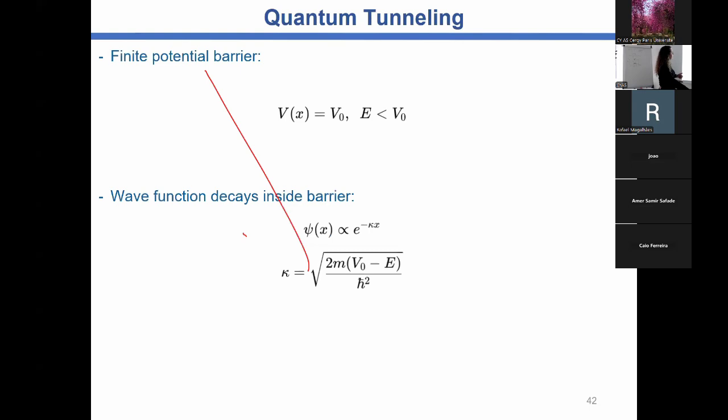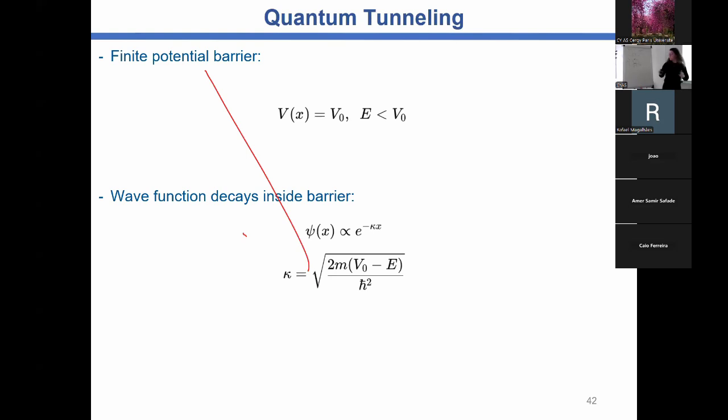And the wave function decreases exponentially with the position inside the barrier. So if the barrier is thick or big, the width of the barrier, the wave function will decrease and will disappear.